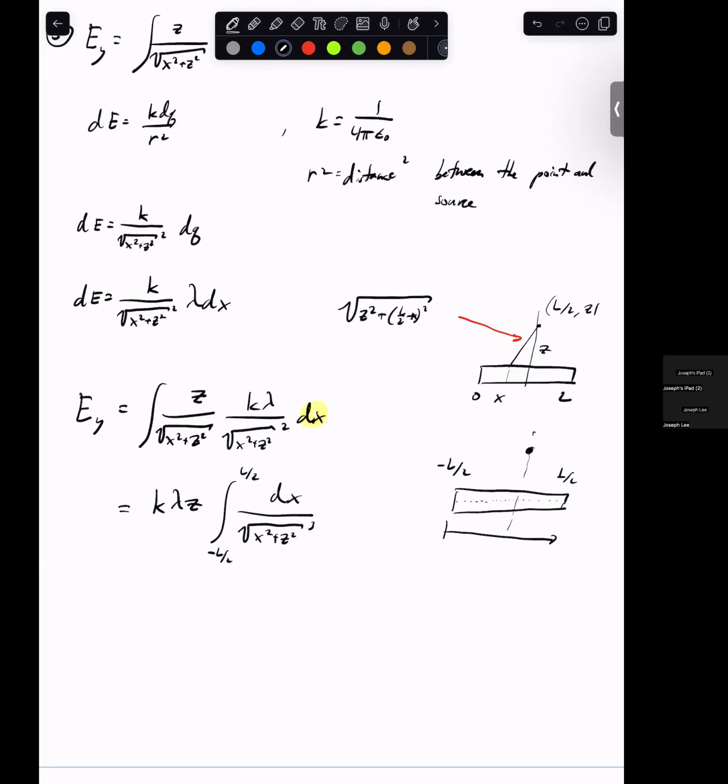And you'll notice this works because when x is L over 2, when it's right in the middle, the distance is z. When x is 0, you get a total length of L over 2. And when x is L, you also still get a total length of L over 2. Just be very careful about where you define your coordinate system.